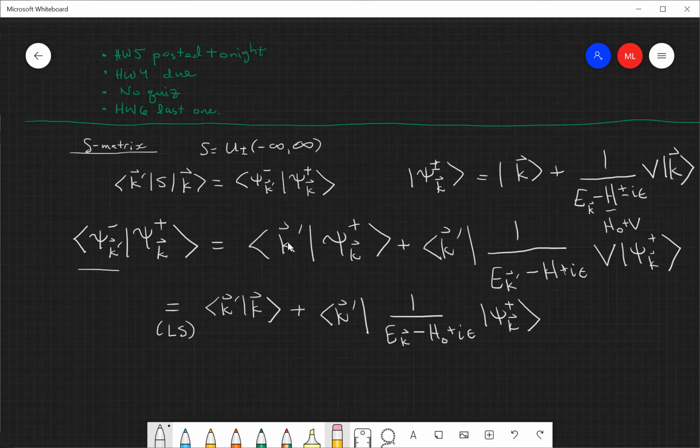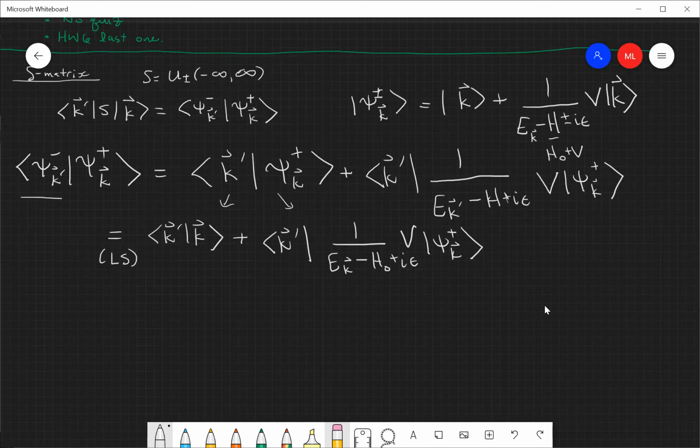That's just taking it and expanding it out using the Lippmann-Schwinger equation. Remember, it's a recursive equation in that it's an expression for psi plus k in terms of psi plus k. I'm missing a V here. So that's that first part, and then we have the other part, which we're going to leave alone.